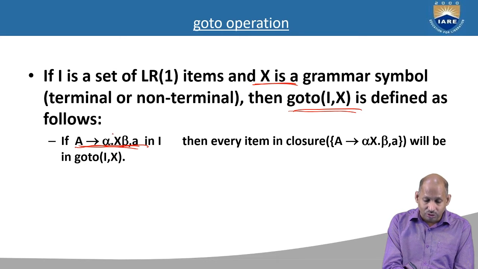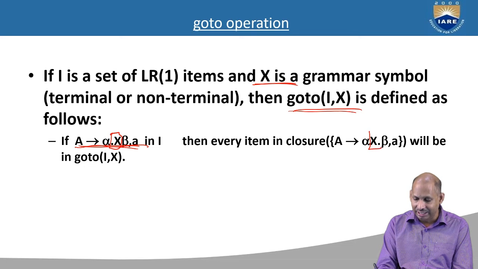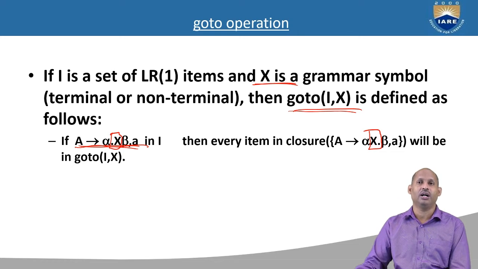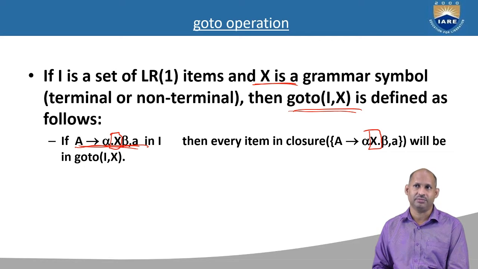Then this dot X will come as X dot in the goto of I comma X. Listen here.